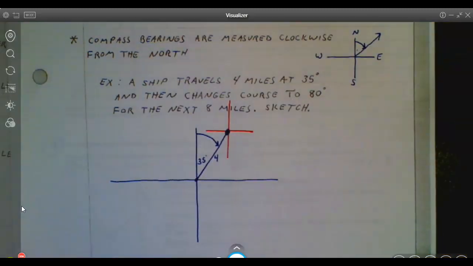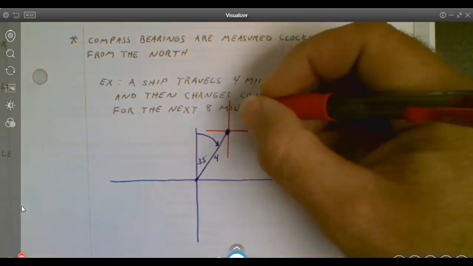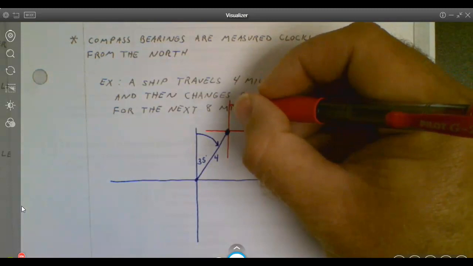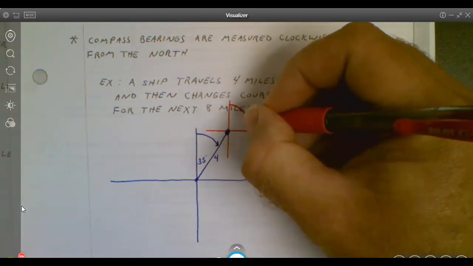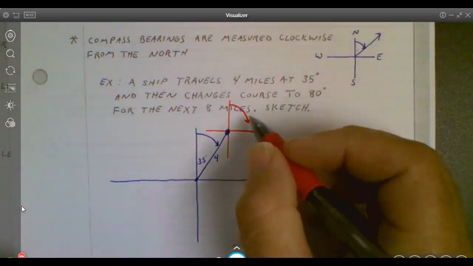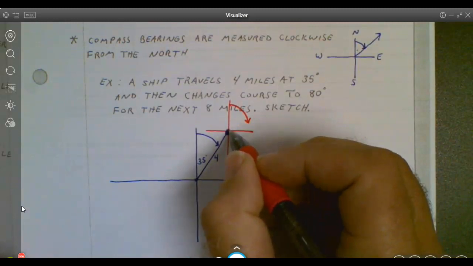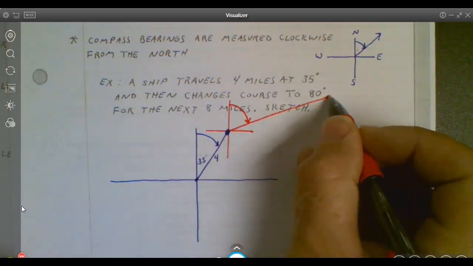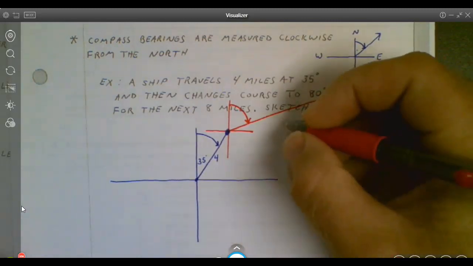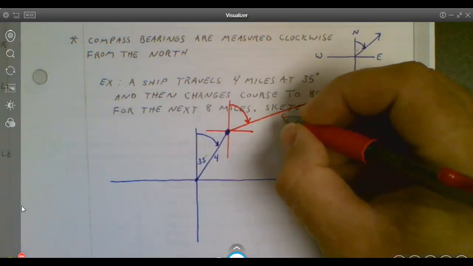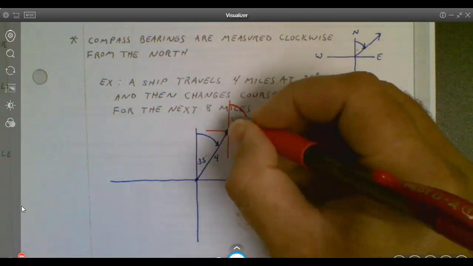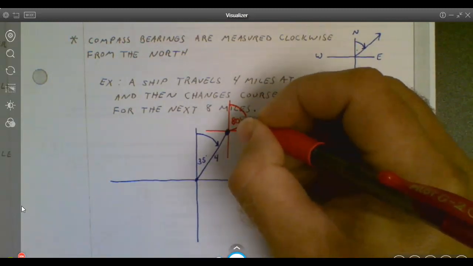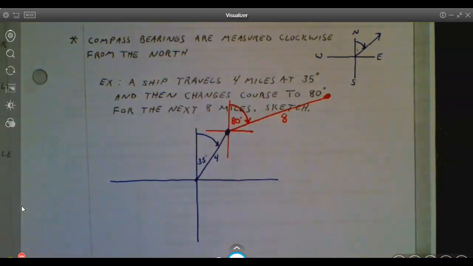And so if I need to go 80 degrees from the north, that would be about here. So his new path is going to look like this. And they're telling us that was a distance of 8 miles at 80 degrees. And so that's as far as this one is going to go for now.